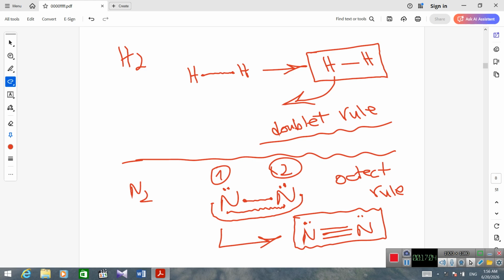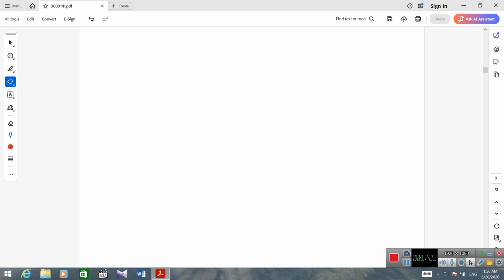Of course, we can draw lots of examples, but I want to explain the Lewis structure of multi-atomic molecules, and the most important thing, first of all, is choosing the central atom in multi-atomic molecules.